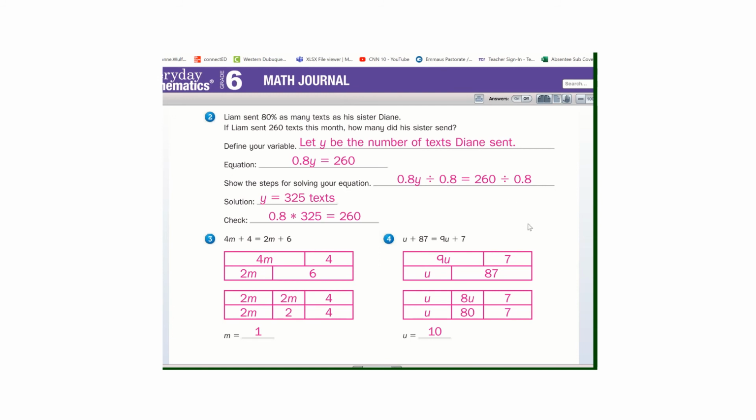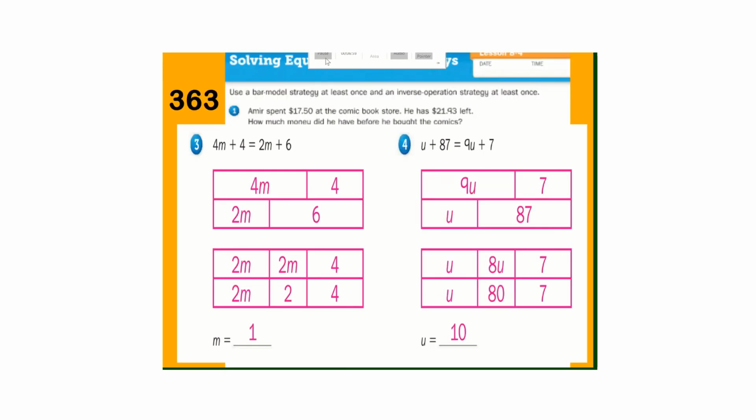And there's the answer key. And 3 and 4, like I said, you did not have to use the bar models. I'm just going to solve it algebraically like I taught you in class. So if I subtract, remember always to start with the smallest variable. Subtract 2m, and now what do you have left?